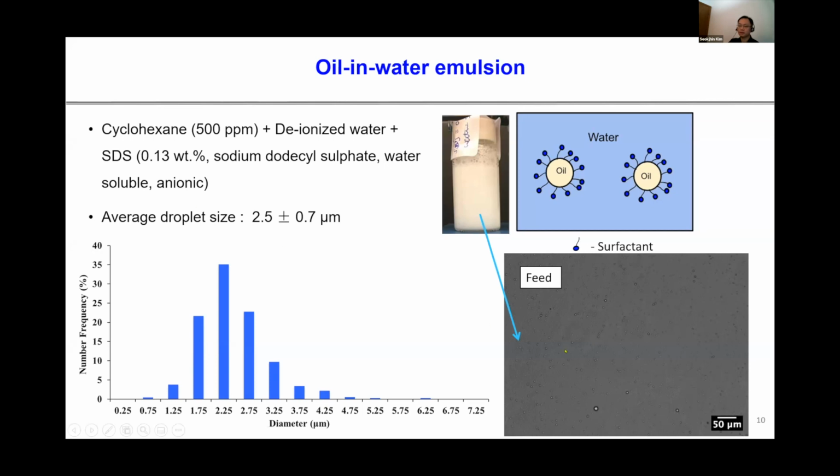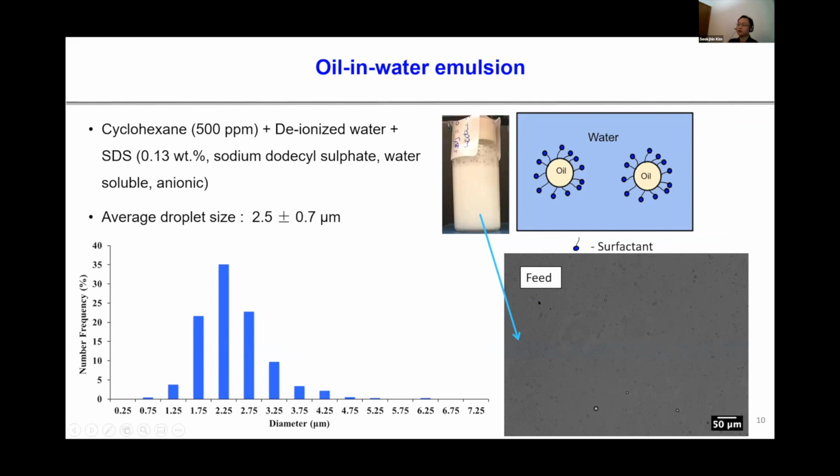As you can see, the optical microscope image of the feed water is like milky water, used to measure the oil droplet size of cyclohexane in water emulsions. The droplet size was around 2.5 micron, which was larger than the membrane pore size of 0.2 micron.